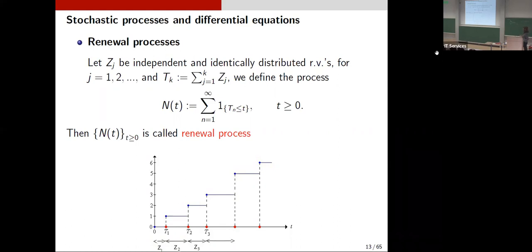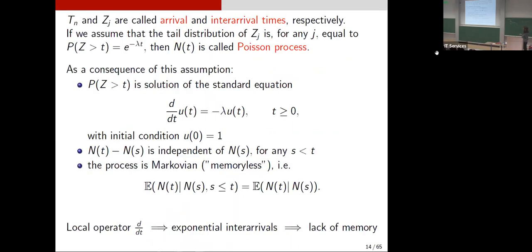So zeta j is the length of the interval between the arrival of the jth and the (j+1)th event. In the standard setting, it is well known that we assume that the inter-arrival times, these intervals zeta j, are distributed as an exponential random variable with parameter, for example, lambda greater than 0.